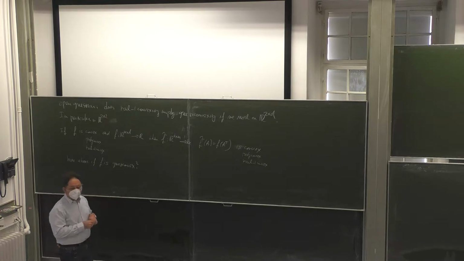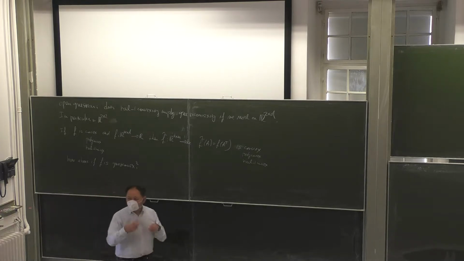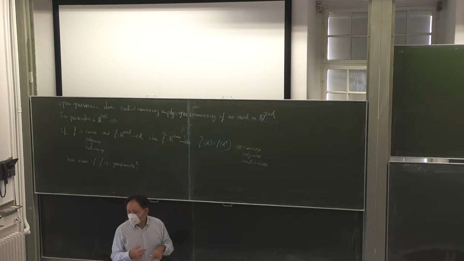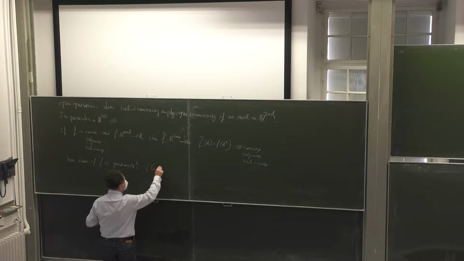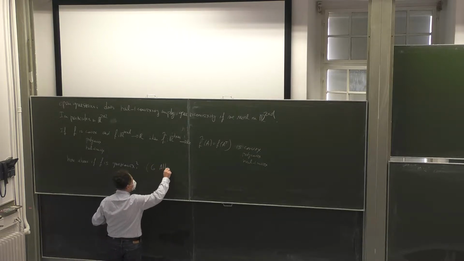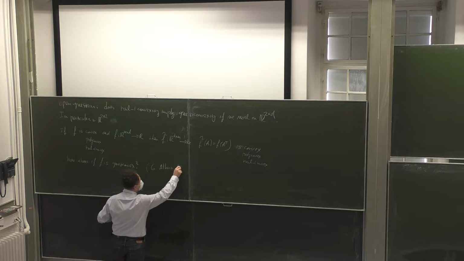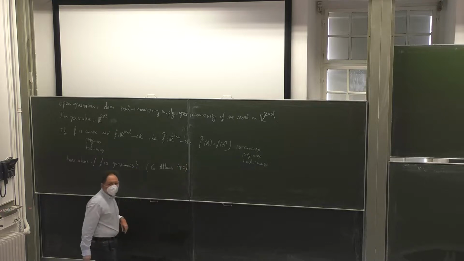The answer is that you take a quasiconvex function, you do the transposition, and you get something non-quasiconvex. So for quasiconvexity, it doesn't hold. This was a question by Giovanni Alberti, maybe in '97 or something like that.